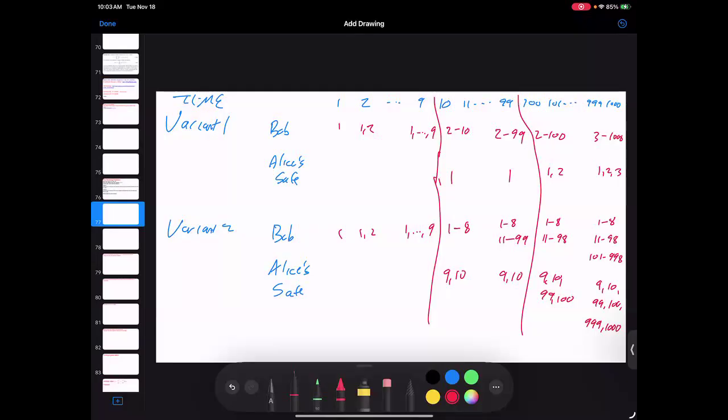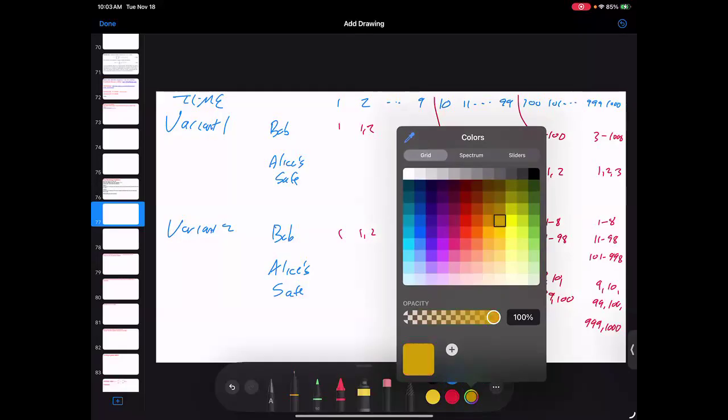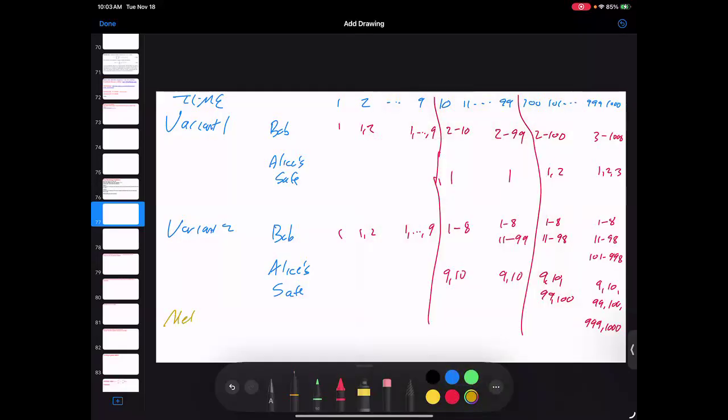So method 1, Alice gets all back. Method 2, Bob keeps infinitely many bills. So this is a strange situation where at every finite moment in time, you're doing worse, and in the limit, you're doing better.